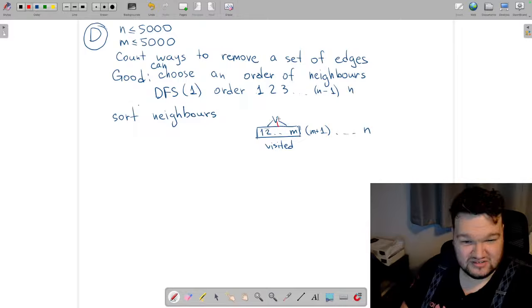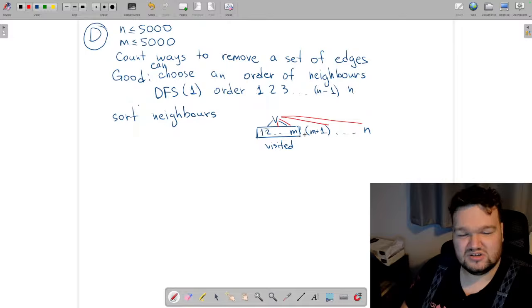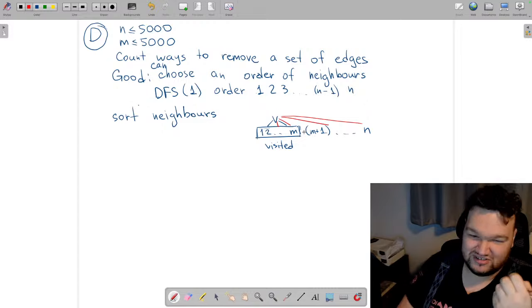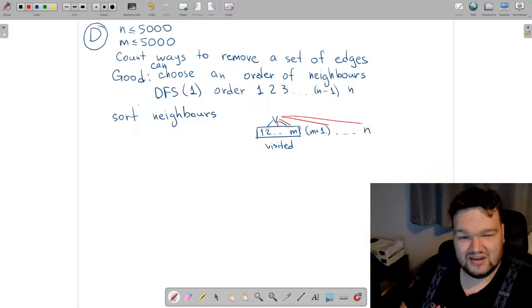Some of them will still go to this prefix, and some of them will go to the unvisited suffix. If we look at the edges to the visited part, it doesn't change anything. If we look at the edge and the neighbor was visited, we don't do anything in DFS. So we might as well do it right now.